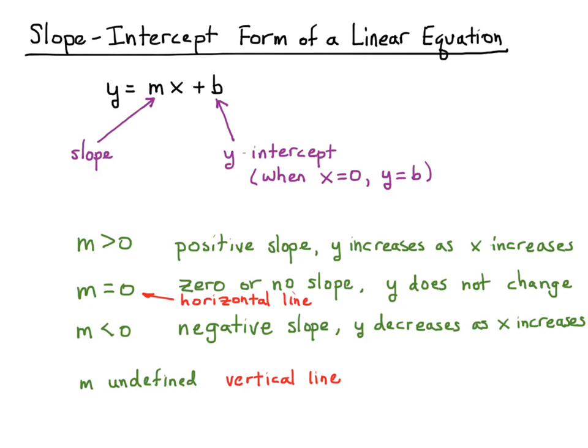If I calculate the slope of my vertical line, that would be 4 minus a negative 4 over 1 minus 1. And so here we have 8 over 0. And so there's no defined slope here because division by 0 is not defined. So the equation of this line then is only x equals 1.